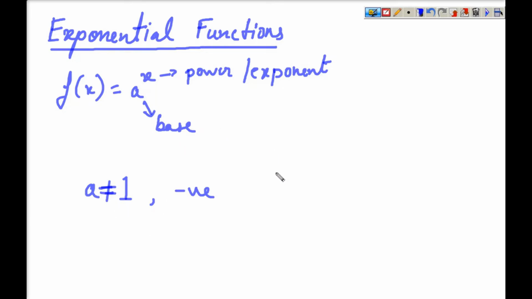So x can be, let's see, the domain of this function. We have function of x equals a raised to the power x. Now let's say a is equal to 2.